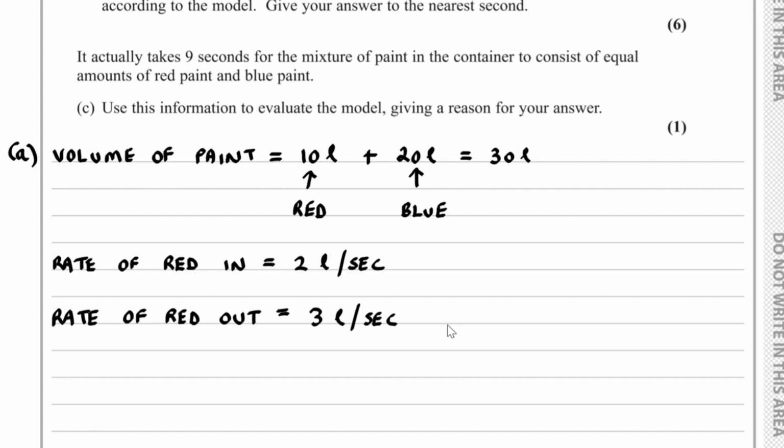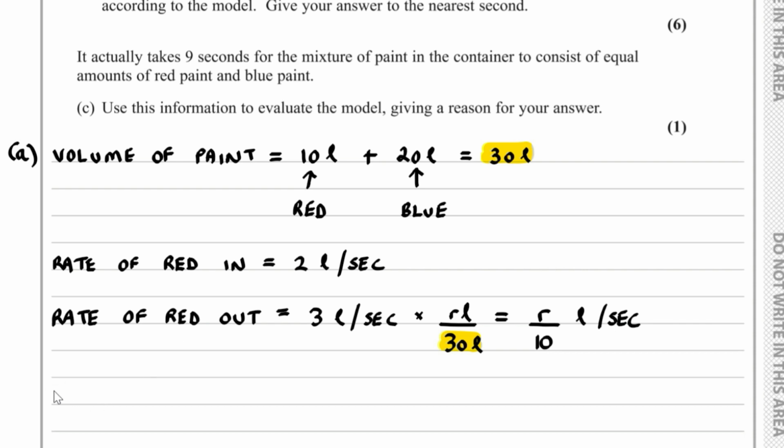And how much red paint do we have? Well, out of 30 litres, that's how much we've got in total. R of those litres is red. So here we have R over 10 litres per second. So this is the rate of red out.